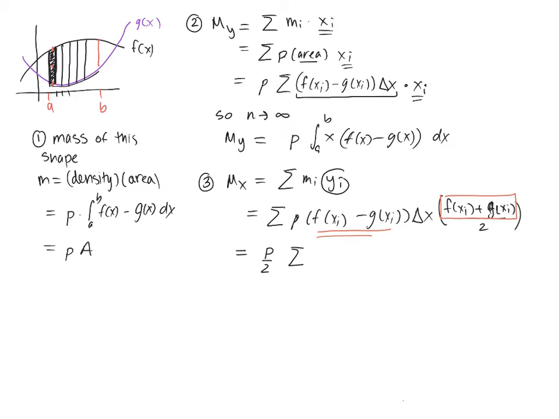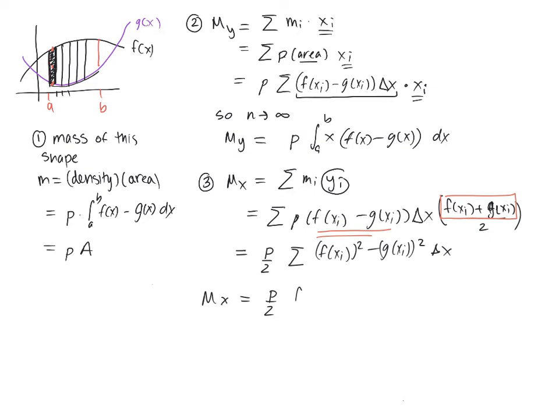So when you multiply them together, what do you get? f of xi squared minus g of xi squared delta x, right? And the over 2 got pulled out in front of the sigma symbol. So then what does mx equal as you take the limit to infinity?